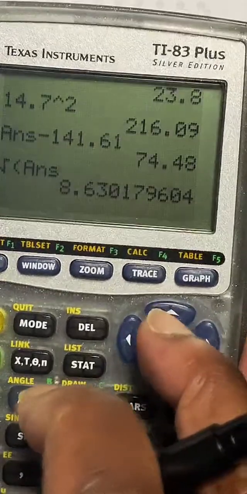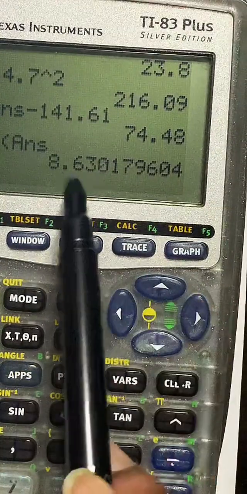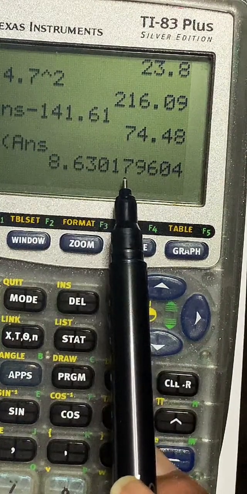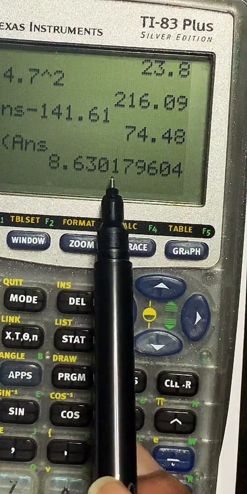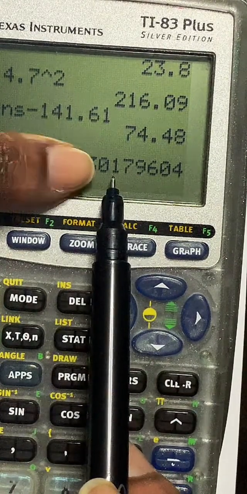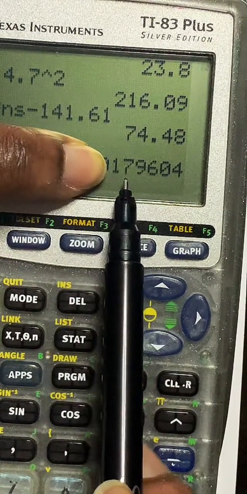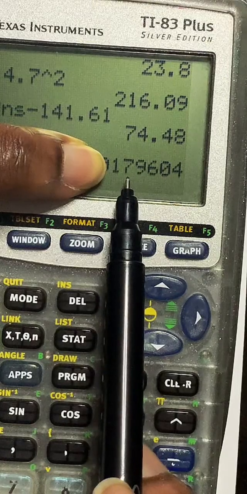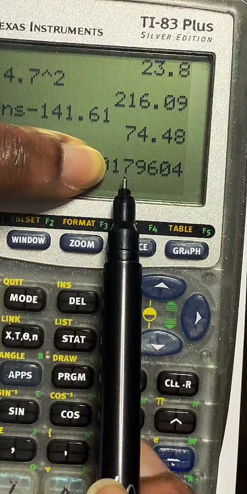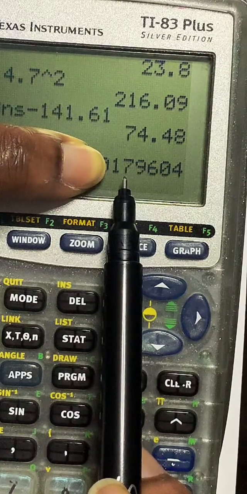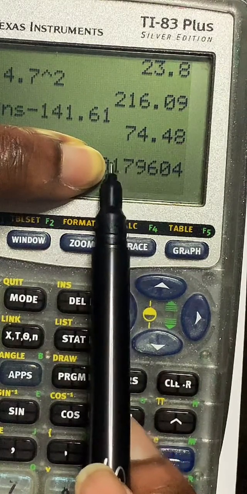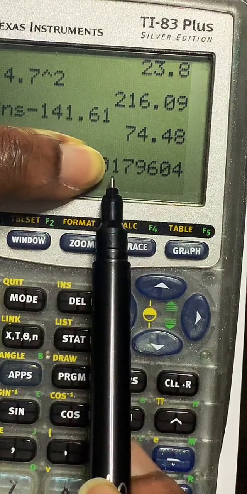Take a look right here. So we have 8.63017. If we're taking it to 4 decimal places, I'm looking at the 1. That's where I want it to go. But the digit after it is a 7. If it's 5 or above, so 5, 6, 7, 8, 9, I'm going to add 1 to the previous spot.